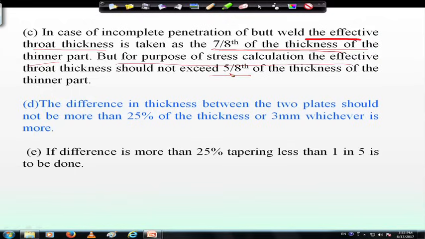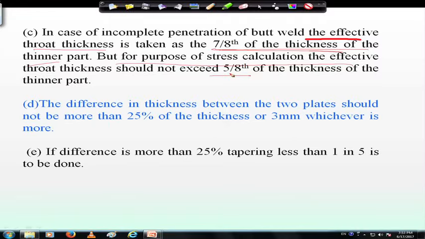When calculating the effective throat thickness of the butt weld in case of incomplete penetration, we take 7/8 times the thickness of the thinner plate. But when calculating the strength, we take 5/8 times the thickness of the thinner plate as the effective throat thickness.